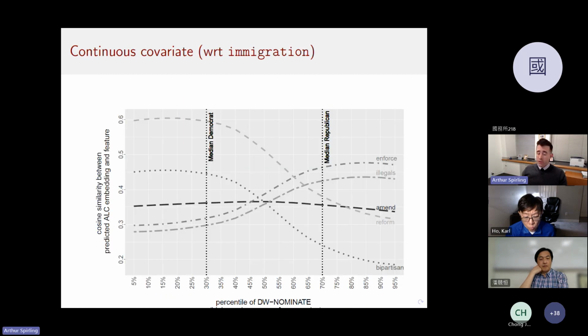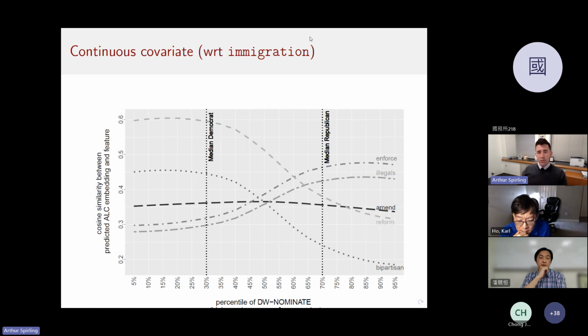You can do it for continuous covariates too. So for example, NOMINATE scores, which many Americanists use to estimate ideological position in the chamber. As we move from the left over here to the right, we look at the cosine similarity with a word like immigration.